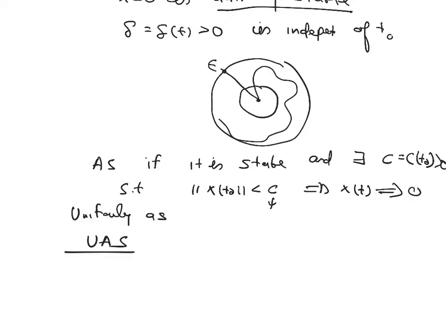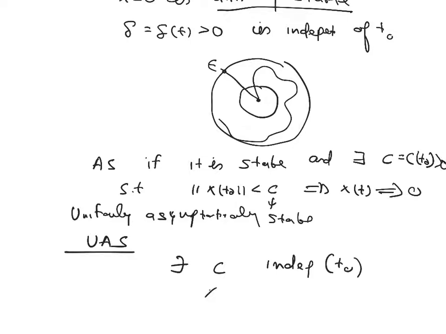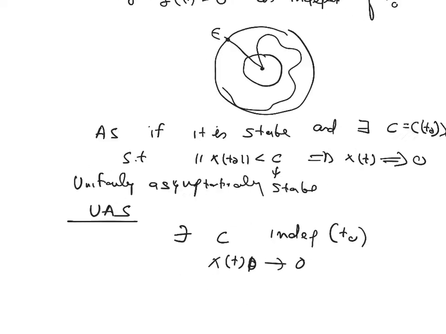So there exists a c which is independent of t0, and you can say that x of t goes to 0 in finite time, which is not a function of your t0.